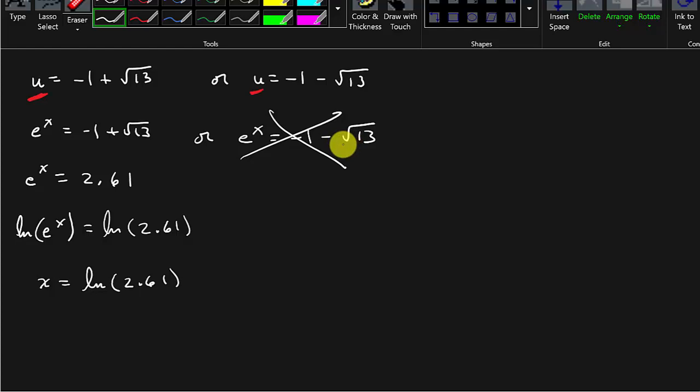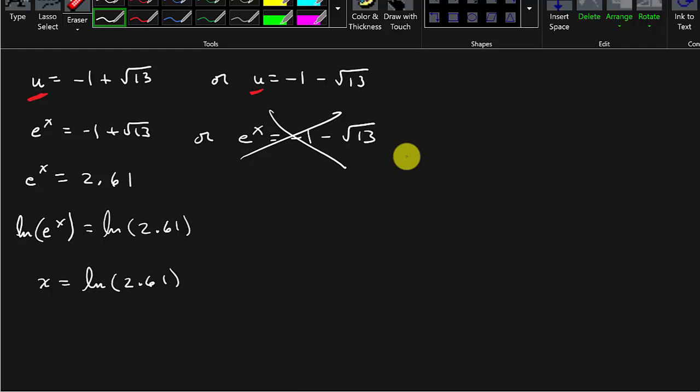Square root of 9 is 3. Square root of 16 is 4. So the square root of 13 is somewhere in between there. So we've got negative 1 minus 3 point something, which is going to give us negative 4 point something. Can't happen.